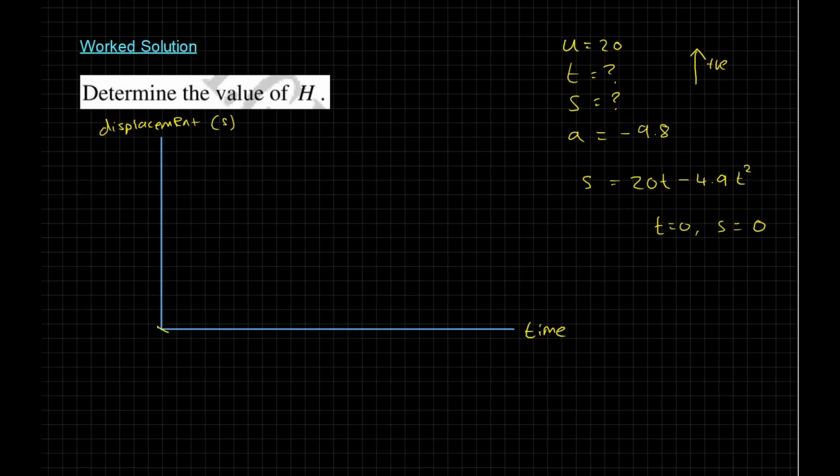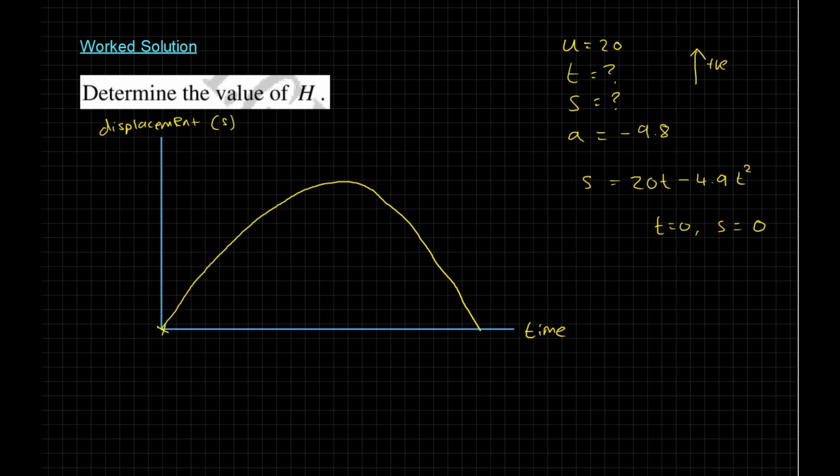So 0, 0 is here, and the graph is going to go up like this, and eventually come back down like this. It's some sort of minus x squared kind of shape, because it's a quadratic and the coefficient before t squared is negative. I don't know where it crosses here, but I'm not particularly fussed.